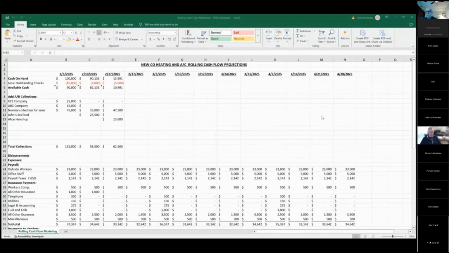That comes up with the available cash you have for the week. Then you look at your receivables, and you can identify the larger ones, or just put them all in as a total normal collection for sales based upon some historical data from the company.